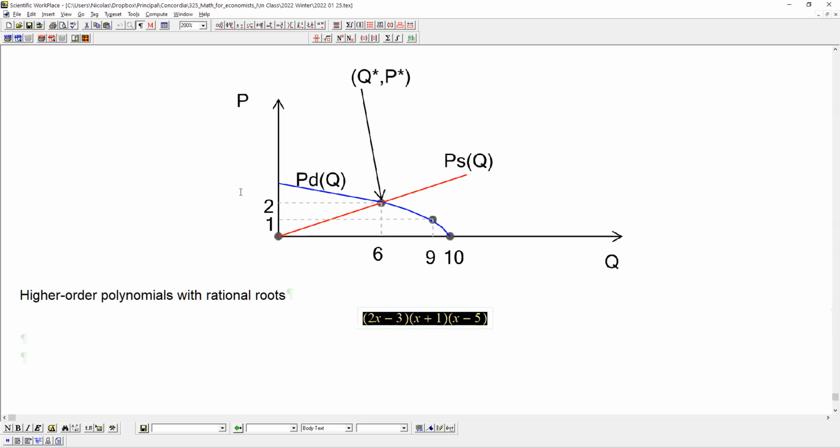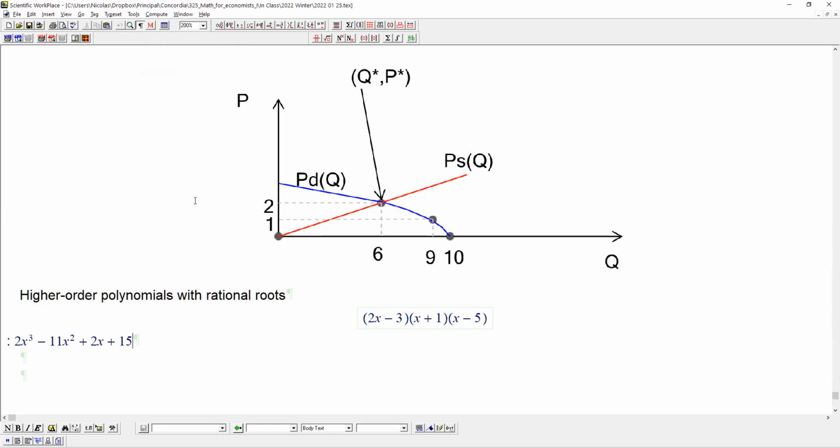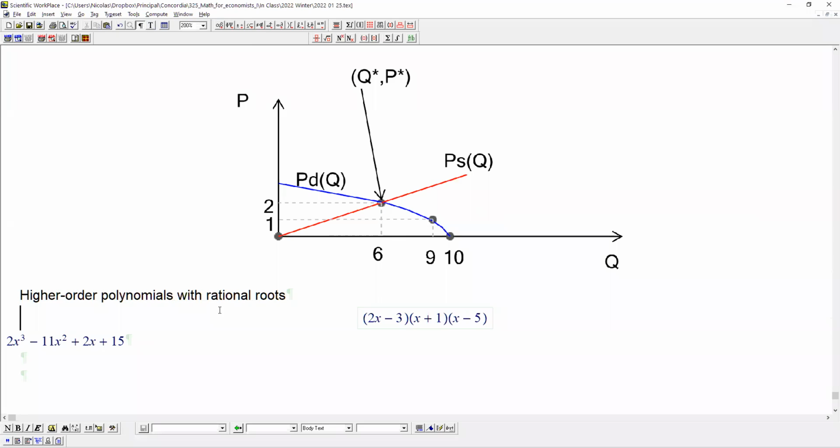Now, yeah, that's the result if I multiply everything, so I get this. So I haven't told you that this is the answer, okay? And we have to figure it out. How do we find these roots?